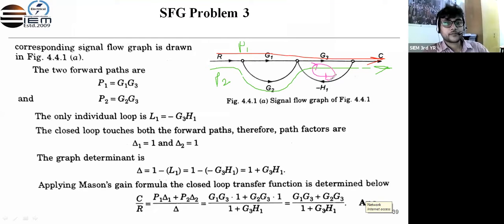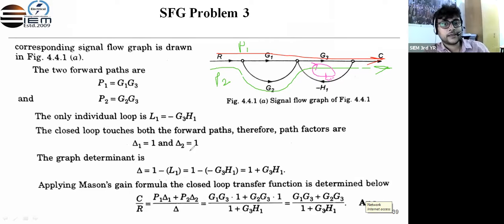That is L1 equals minus G3 into H1. The closed loop touches both the forward paths. That means this is a loop which touches both forward paths. This is touching, this is also touching. So in that case del 1 is 1, del 2 is 1, and you know the graph determinant del equals 1 minus the sum of all individual loops.